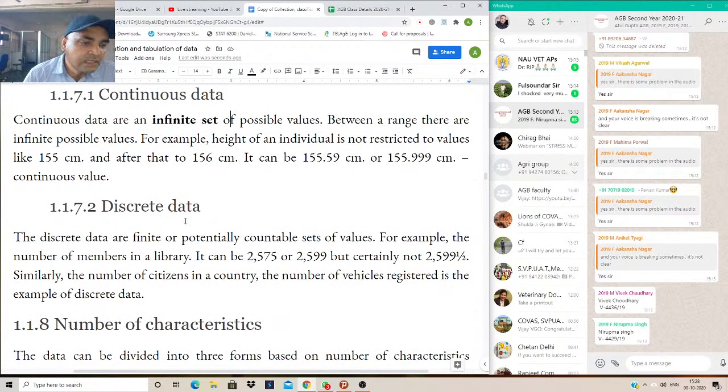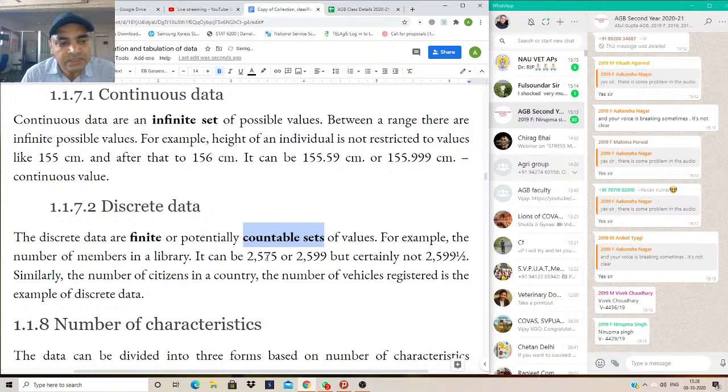Now comes your discrete data. Discrete data are finite data. They are not an infinite set. That is, a particular value is assigned in case of discrete, or a potentially countable set. They are used when we count individuals. For example, the number of members in a library or number of students in your class.